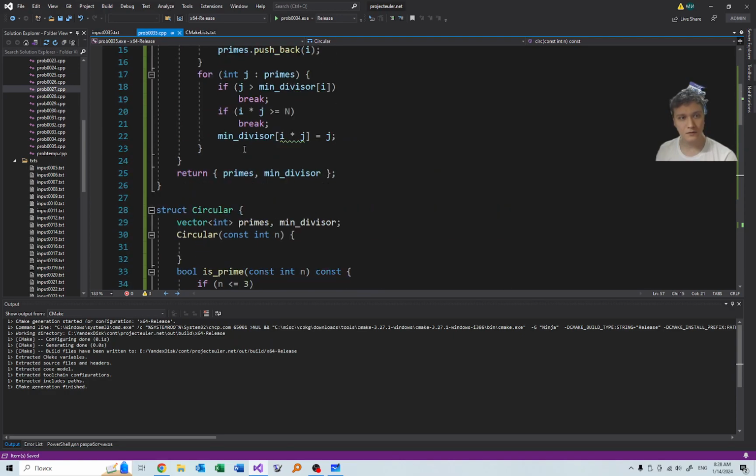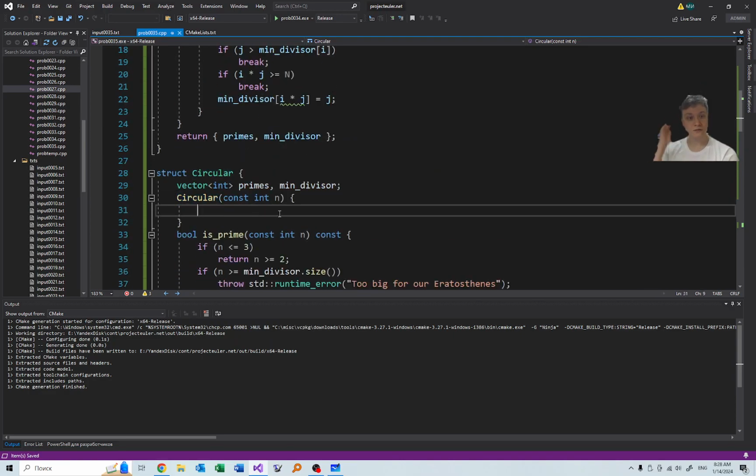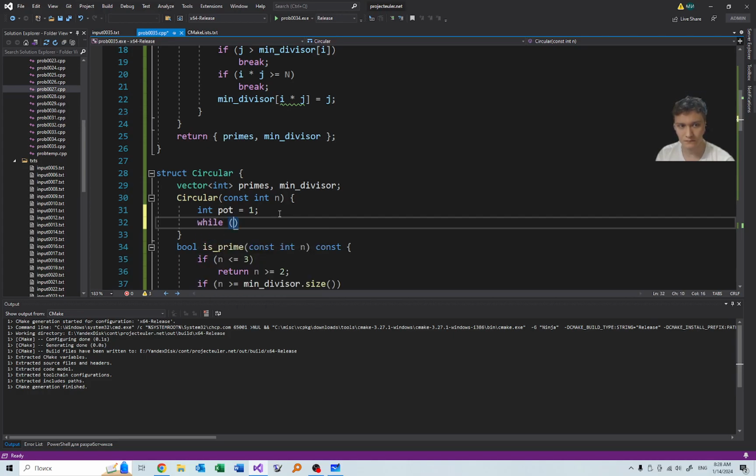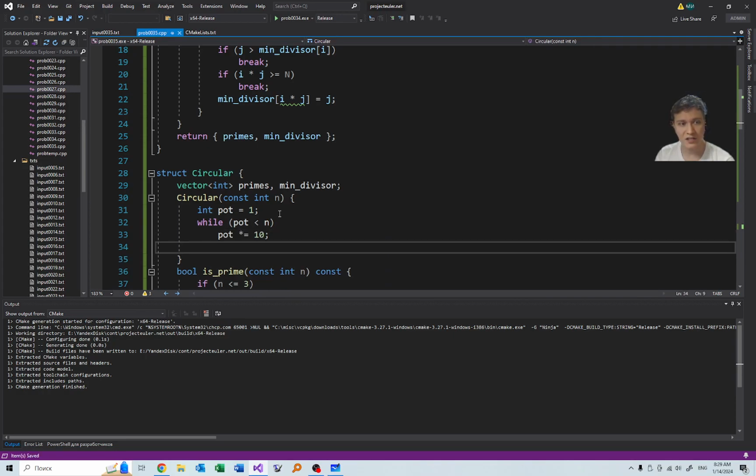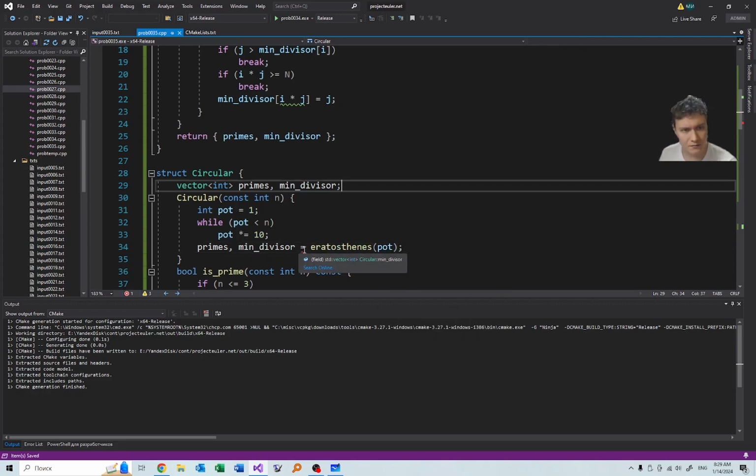Finally, we need to run this circular thing, and to do that, we need to find the minimum power of 10 which is at least n. When we have done it, we need to store it in the structure.